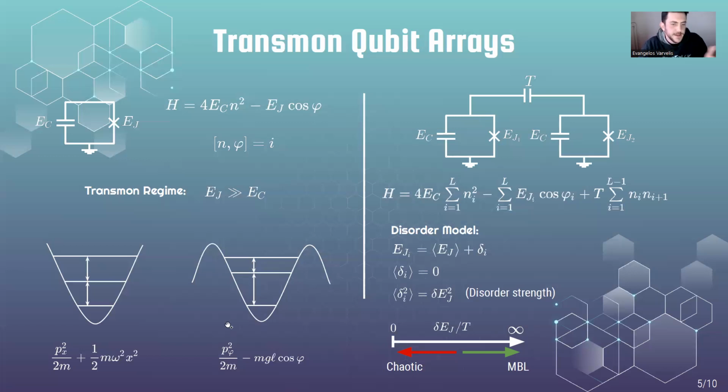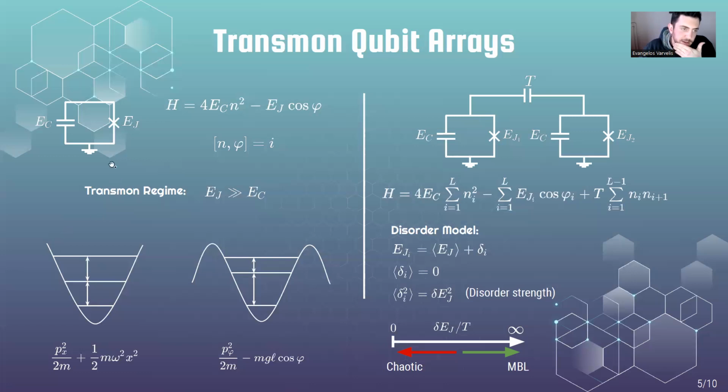So we can operate it in a regime where it's effectively like a qubit. And this regime is the transmon regime, when the Josephson energy is much larger than the capacitive energy scale. You can contrast the situation with the pure harmonic oscillator, in which case the energy levels are equidistant.